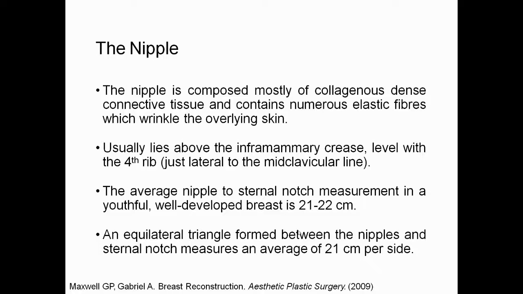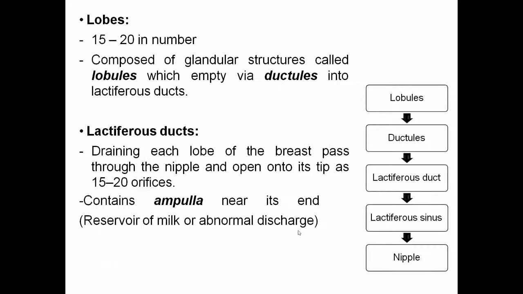The average nipple to sternal notch measurement in a youthful, well-developed breast is 21 to 22 centimeters. An equilateral triangle formed between the nipple and the sternal notch measures an average of 21 centimeters per side. So this measurement is important in the surgical approach to the breast.